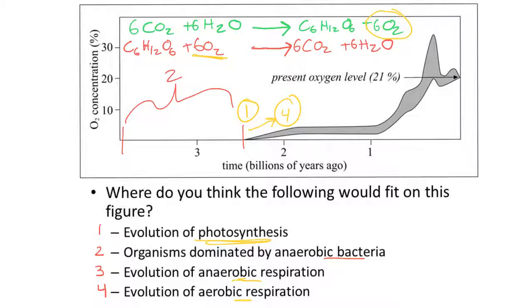All right, when do you think anaerobic respiration occurred? Where did you guys put that? Comets hit the earth. Okay. Well, you would need water for it. Anaerobic bacteria have anaerobic respiration, right? That's cellular respiration, but without the use of oxygen.